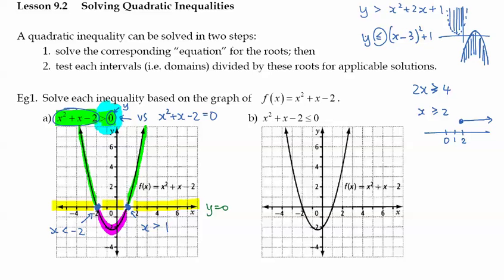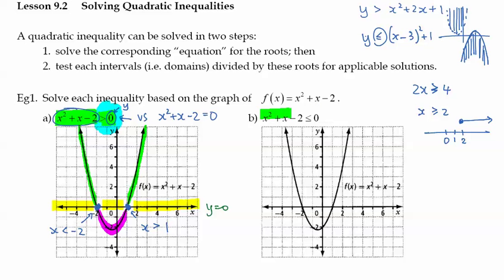I'm going to show you how to test the point in case we don't have a graph at a later time. But for now, if we have a picture for the parabola, I can use the picture to answer the question.